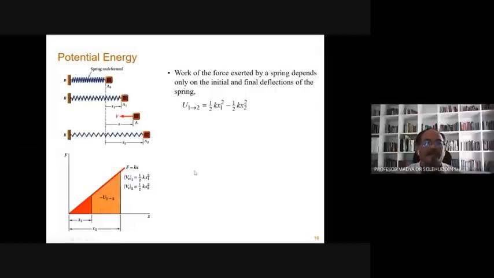Okay, welcome back. We start with the potential energy. Just to recap what we covered last time: the work of the force exerted by the spring depends only on the initial and final deflection of the spring.